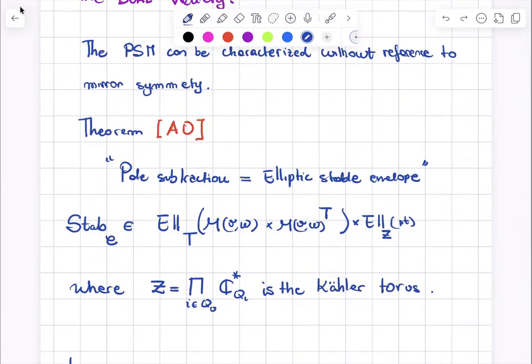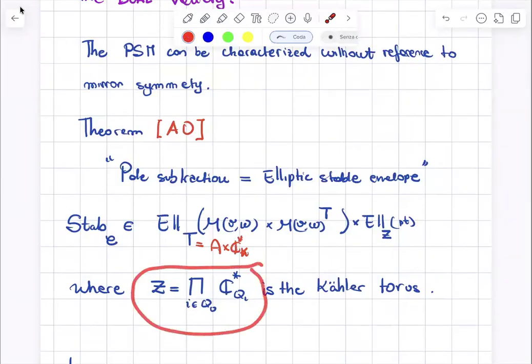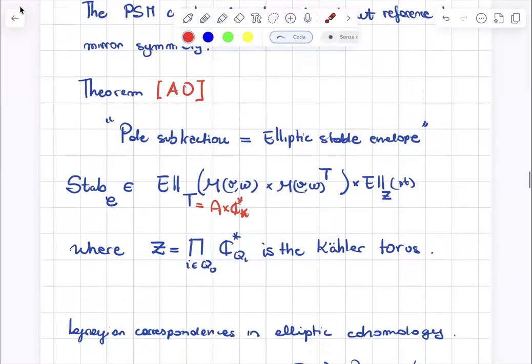The equivariance is with respect to the original torus A times C star h bar, but we also need to plug in the so-called Kähler torus, which records the parameters entering in the curve count. Although this torus acts trivially on the quiver variety, it will enter in a non-trivial way in the definition of the stable envelope. And actually, it is an important conceptual point.